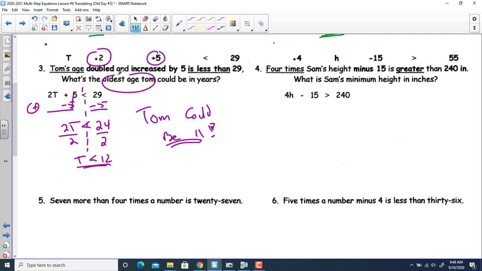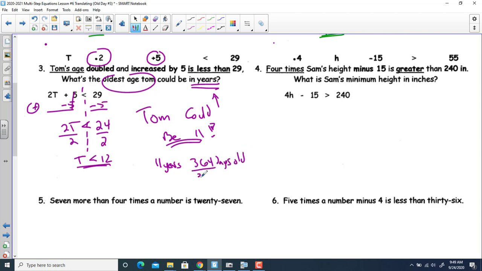Now, you could argue that it doesn't say what is the oldest integer age. Well, it does say in years, sorry. So it'd have to be 11 years. That's the indication that we need an integer. If it didn't say that, you could argue that he could be 11 and, I guess, would you do it in a decimal? Or would you have to say like days? 11 years, 364 days old.